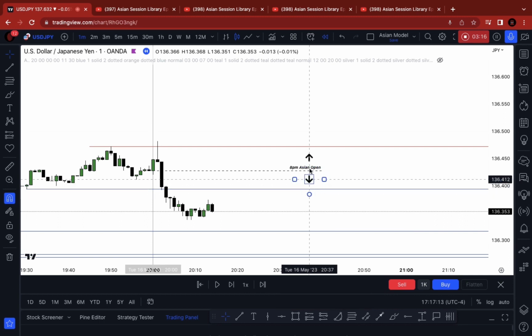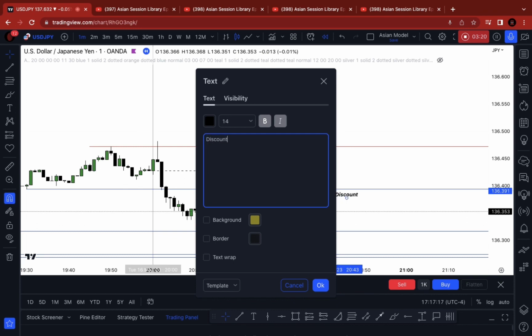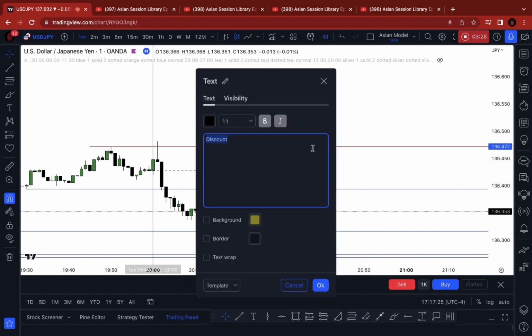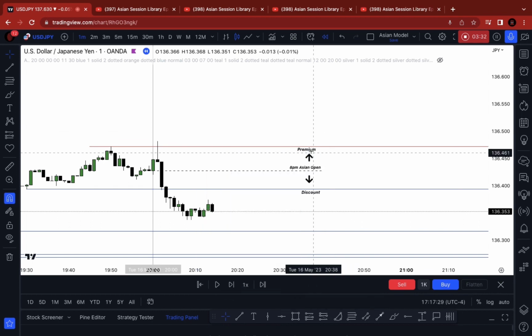I'm going to really take my time with this one. So we got discount, and then we got premium. High probability sell scenarios would unfold above the Asian Open, and high probability buy scenarios would unfold below the Asian Open.